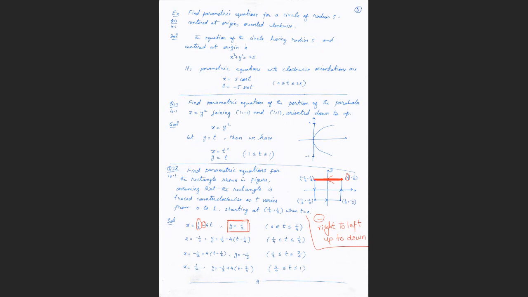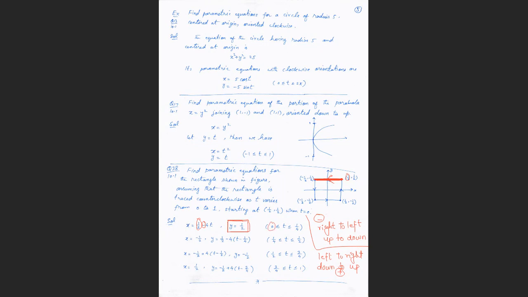Whenever you have left to right motion and down to up motion, you will use positive signs. Got it? Now this is right to left motion, so I write here a negative sign. This is the fourth part.